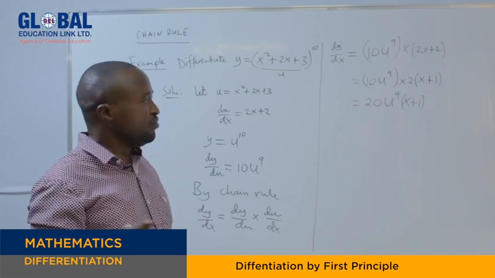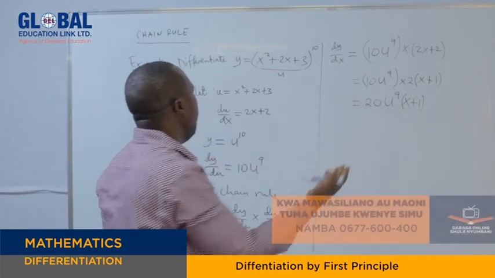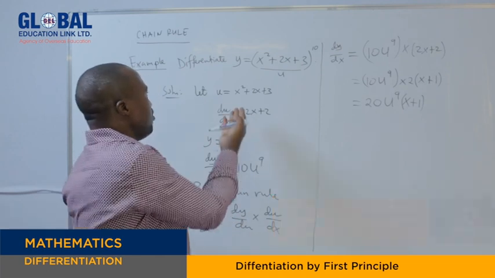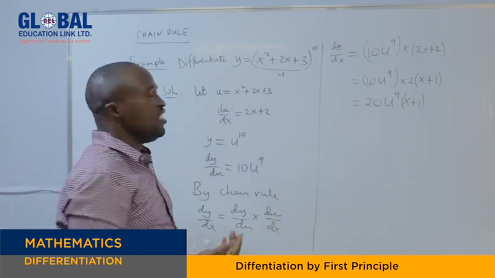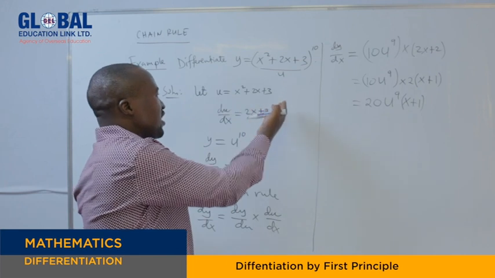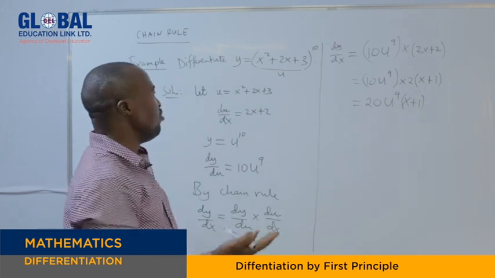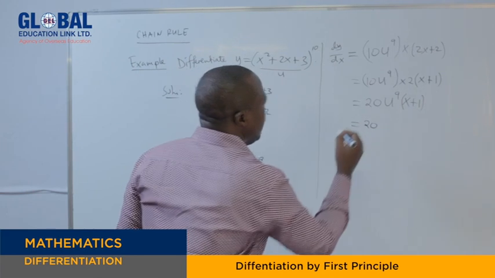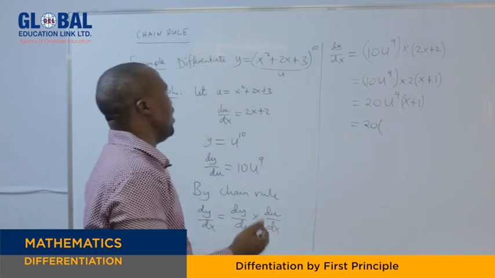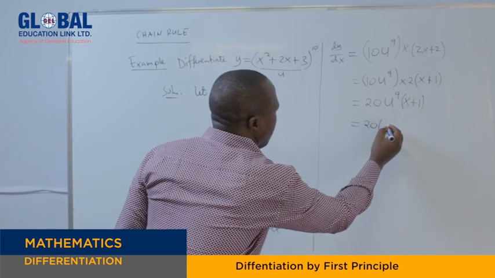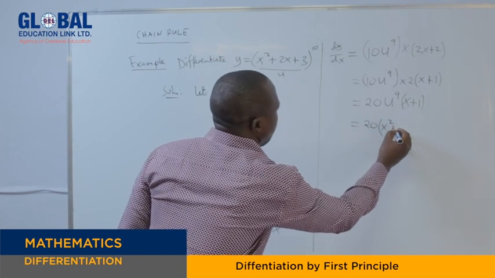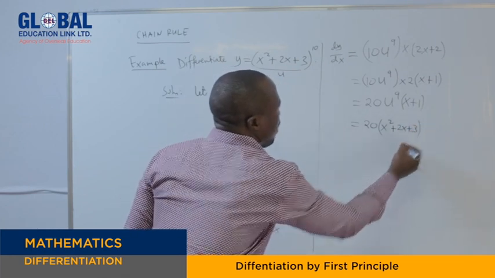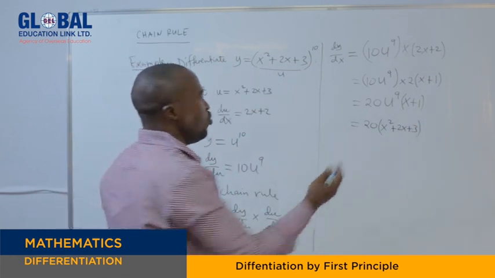But remember, the value of u is equal to this function. The value of u is equal to x squared plus 2x plus 3. So we substitute the value of u. So in this case, we are going to have 20, then u is the same as x squared plus 2x plus 3, but this one is raised to 9.